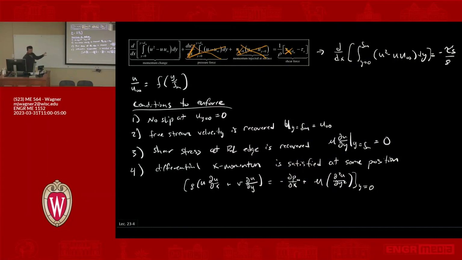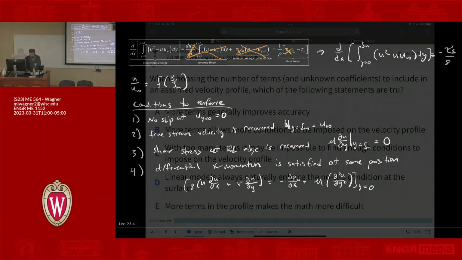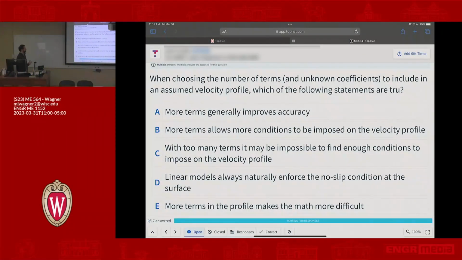With this in mind, now would be a good time for the top hat questions. Let's put that up. This question says: when choosing the number of terms, and correspondingly the number of unknown coefficients, to include in an assumed velocity profile, which of the following statements are true?